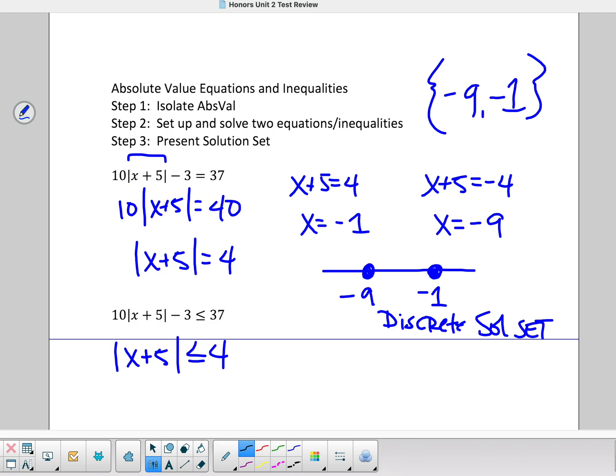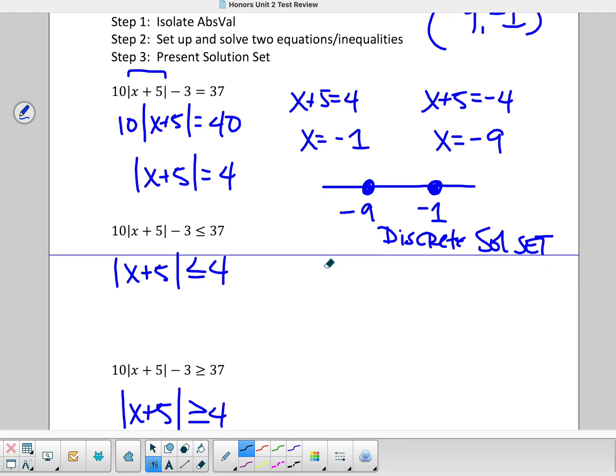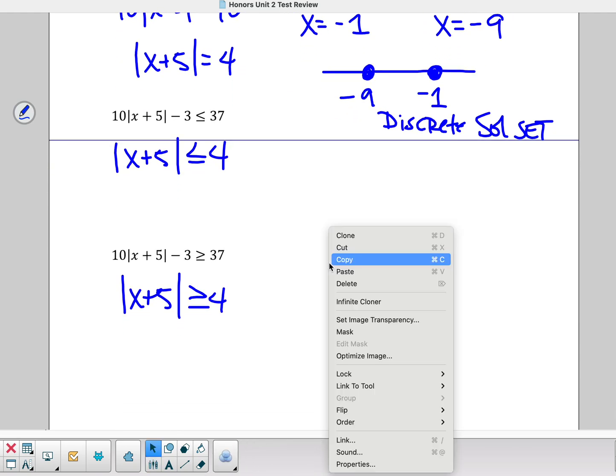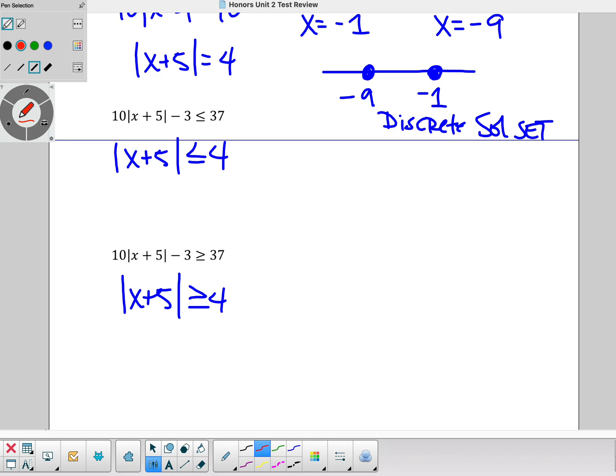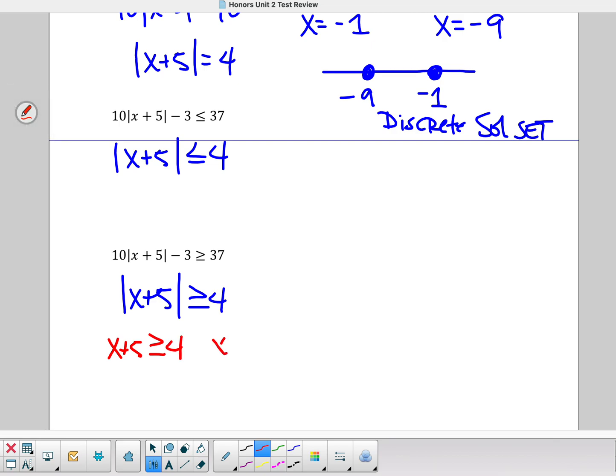Moving on down to the inequality, the boundary points are going to be the same, and I'll switch ink colors. If you wanted to prove it to yourself, you would take x + 5 greater than or equal to positive 4, and then x + 5 less than or equal to negative 4.